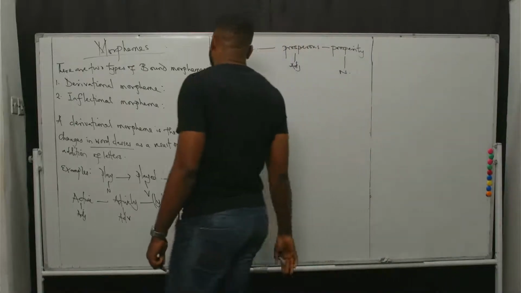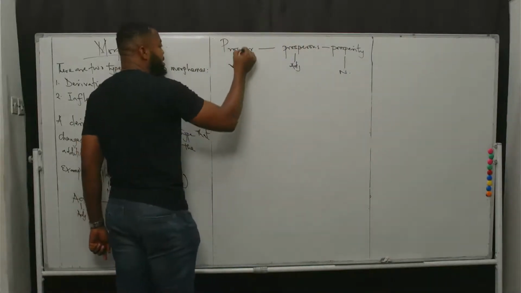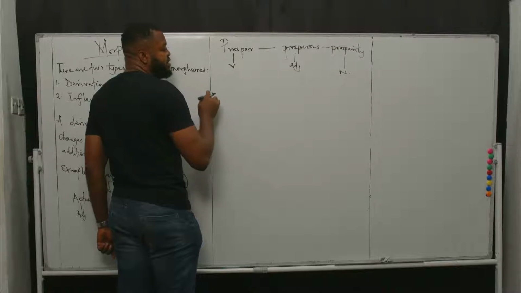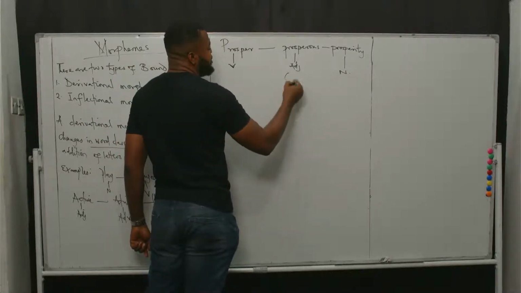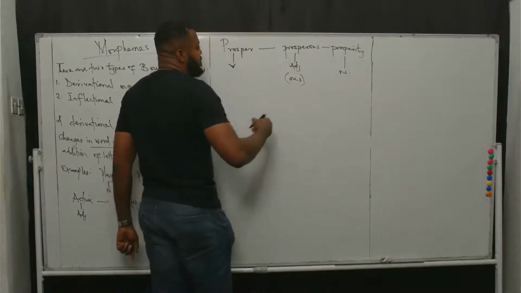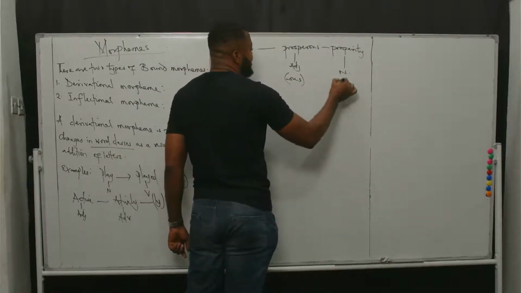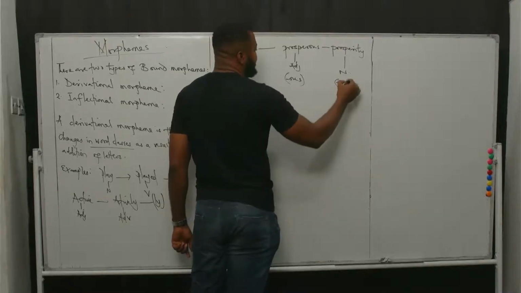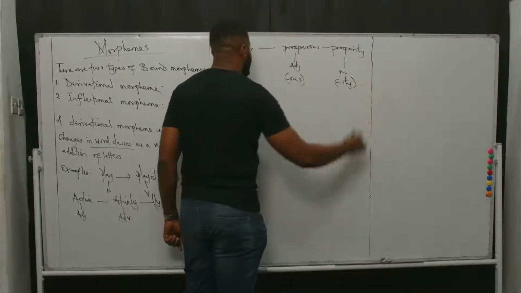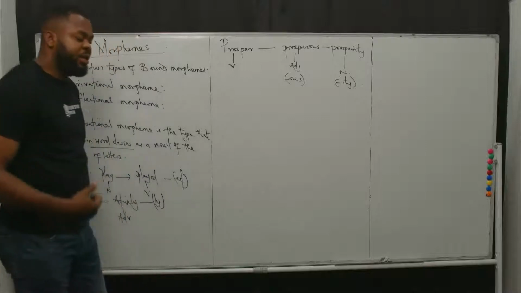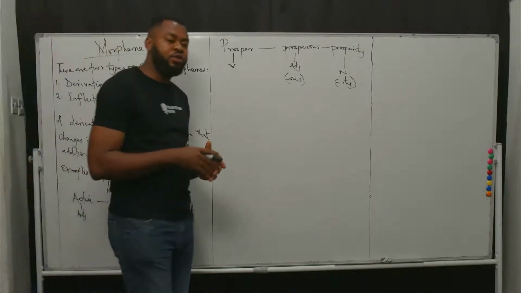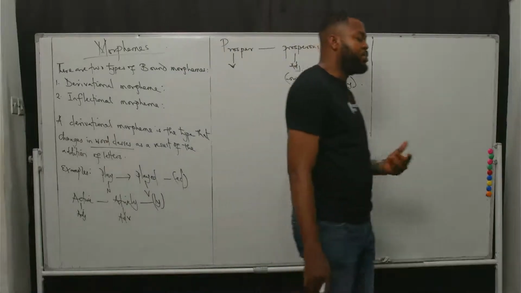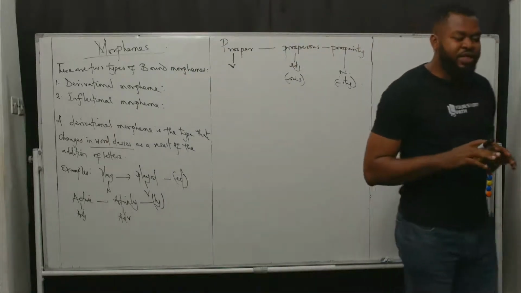Now, this is basically the word itself. So what was added here? You can have OUS. Okay. What was added here? You realize that ITY was added. So the more you add the letters to each of these words, what would happen is that it will give you a different word entirely.